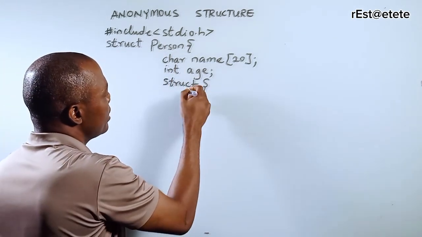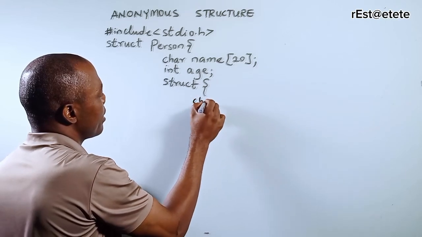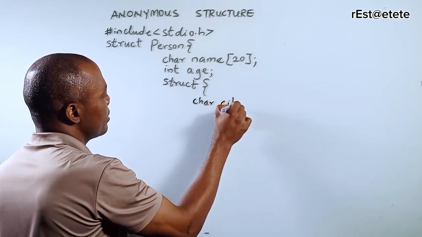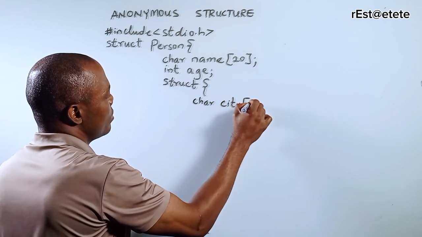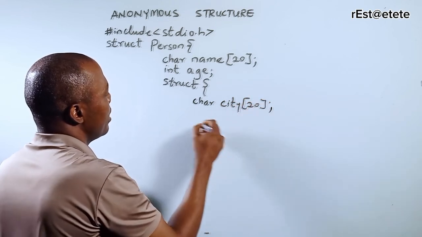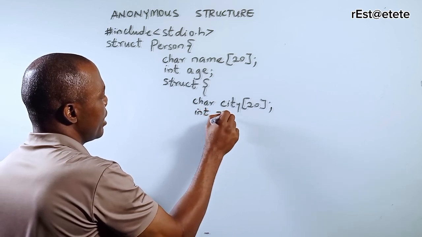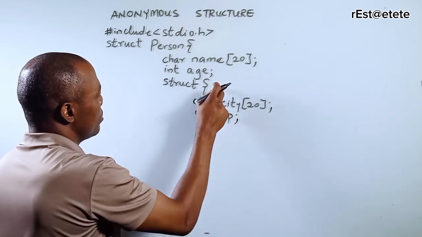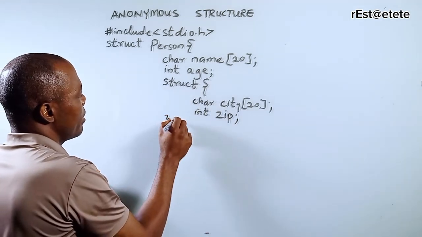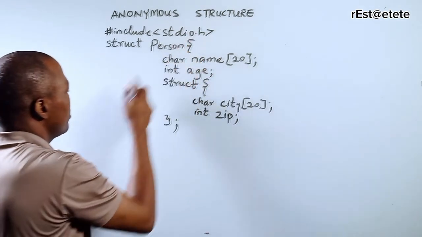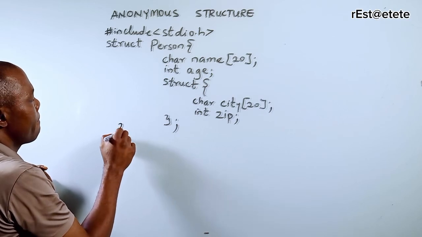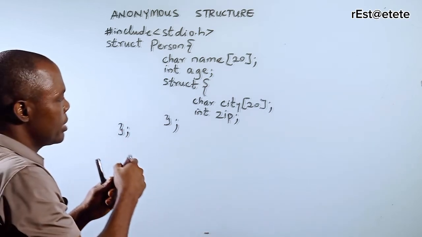Inside this struct, I will have char city, also 20 bytes, and then int zip. I close this here, it's a statement, then I close this here. So this is my structure.